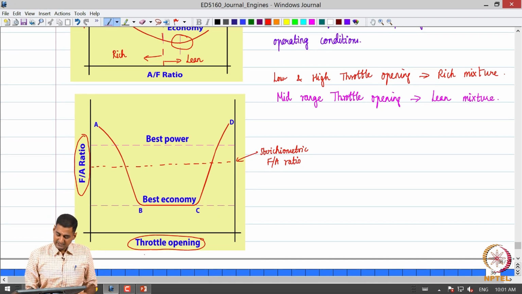On the horizontal axis we have throttle opening and on the vertical axis we have the fuel air ratio. Let us say this is the stoichiometric fuel air ratio, the horizontal line indicated by the red dash line, and the solid line ABCD gives a qualitative picture of what is to be expected of the carburetor.